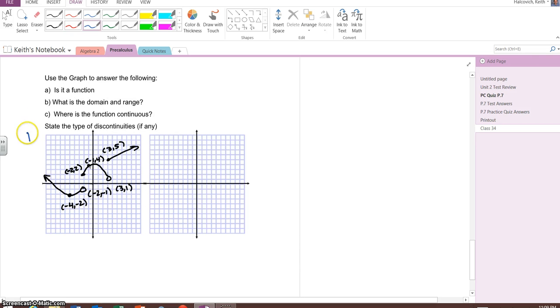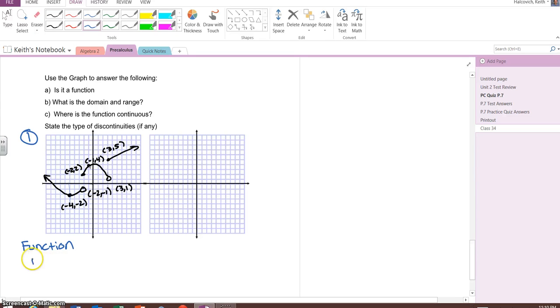All right, so let's look at number 1 here. Is it a function? Well, yes, it is a function. The reason why is if you did a vertical line, it would pass through. Now, understand you say, well, wouldn't it pass through right here? Yes, it would, but this is a circle, so it's not actually passing through the function there. So it is a function.